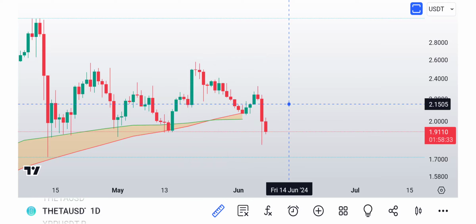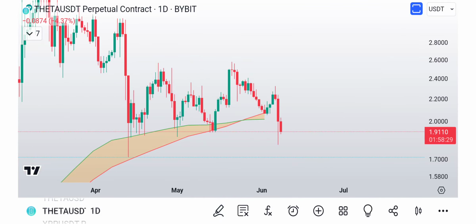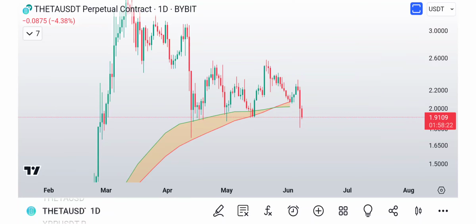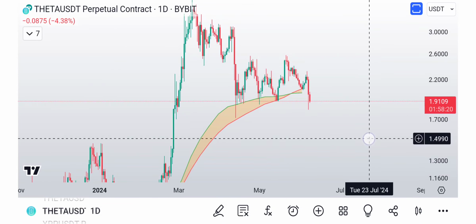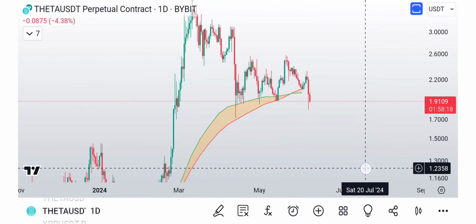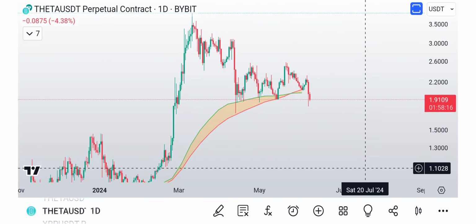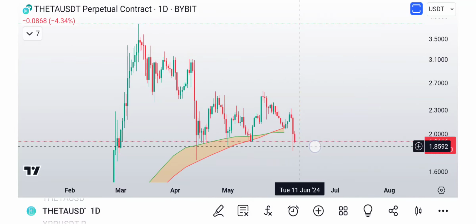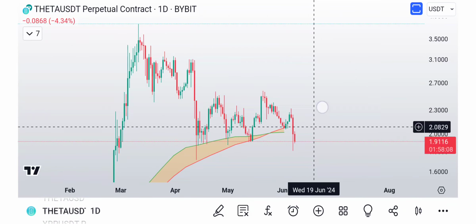So for every $3,500 Bitcoin falls, Theta falls 50 cents, right? So if it has another 3,500 to 4,000, you can see it way below that dollar. That's why I don't think that trend's going to continue, because I just think it would be a little bit too excessive. But it does make me wonder if that Wyckoff accumulation pattern would play out.